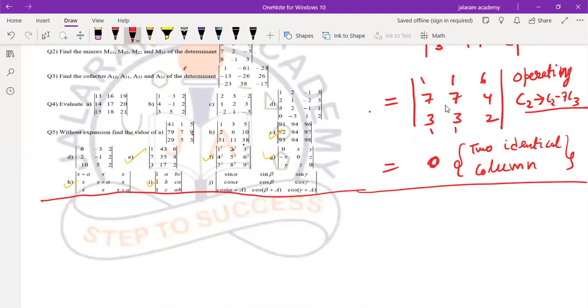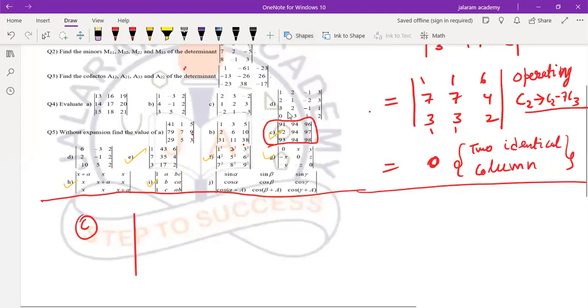If you want to solve determinants without expansion, using only the properties of determinants, like question number C, which has first row 91, 94, 96.